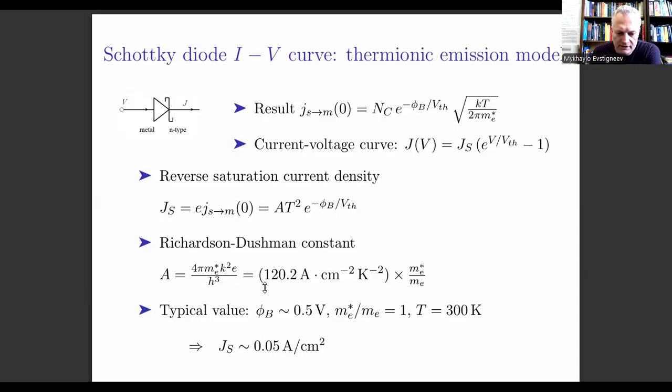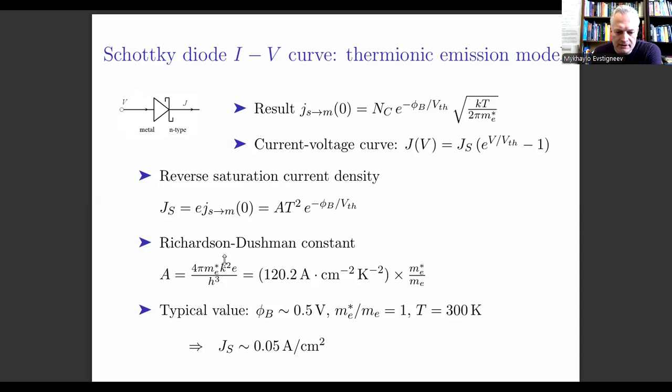It has the value of 120 amperes per centimeter squared per Kelvin squared, multiplied with the ratio of the electron density of states effective mass to the mass of a free electron.